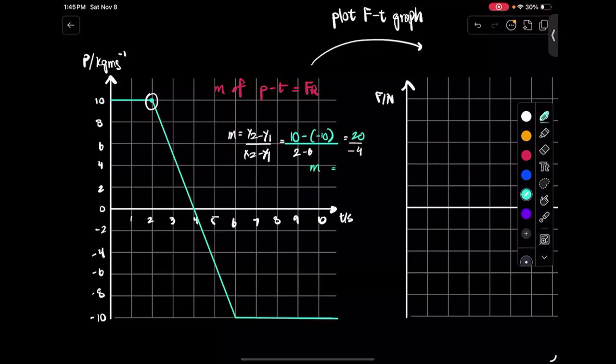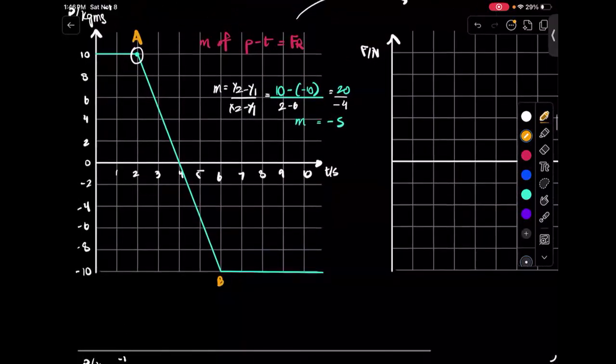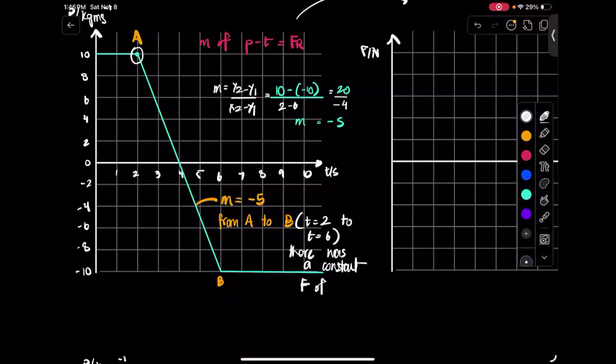-5. That means that from A to B, the slope is equal to -5. That means from A to B, or you could say from t equals 2 seconds to t equals 6 seconds, there was a constant force of 5 Newton, or -5 Newton, because the slope is negative.